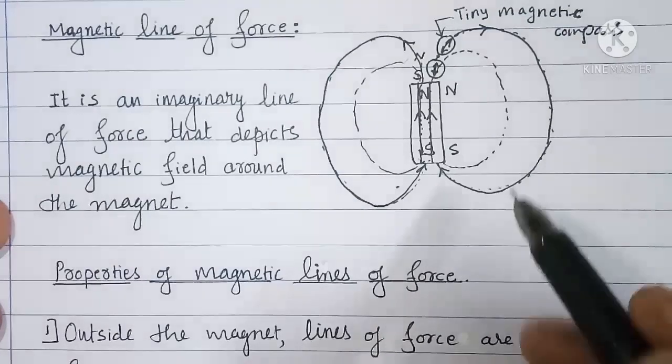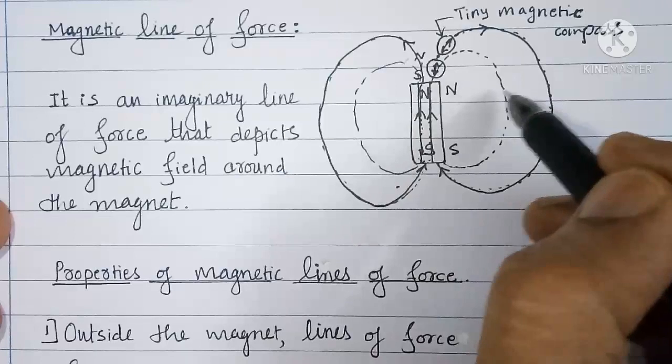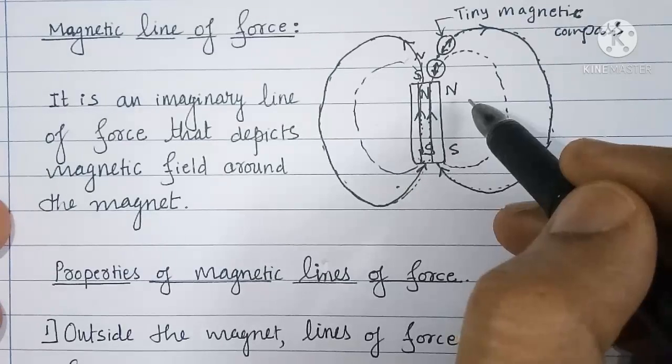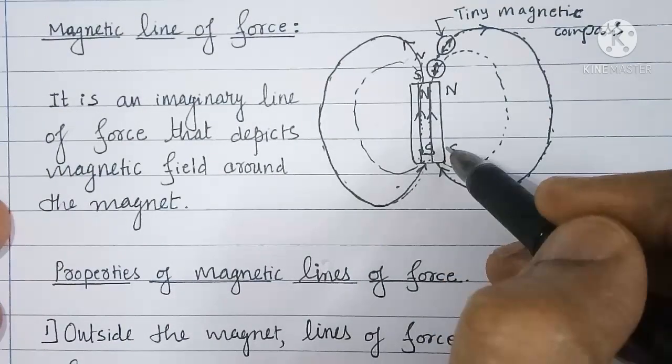But the distance between lines of force increases as they go away from the poles.